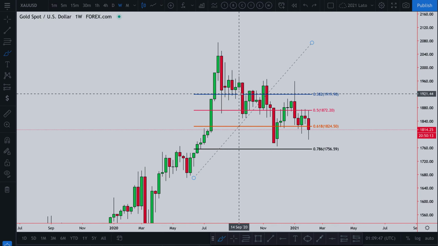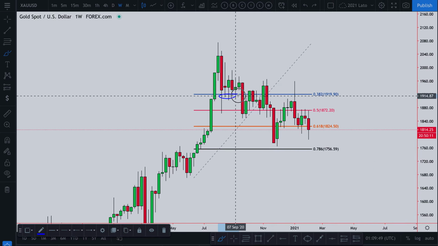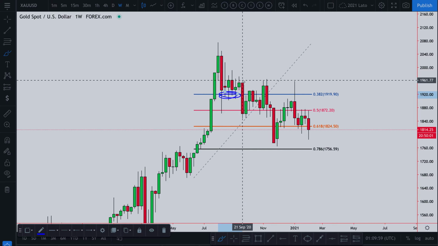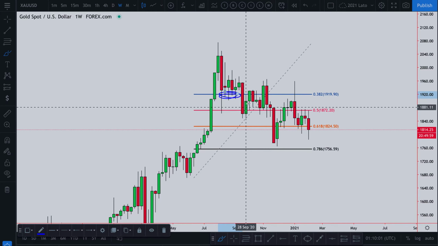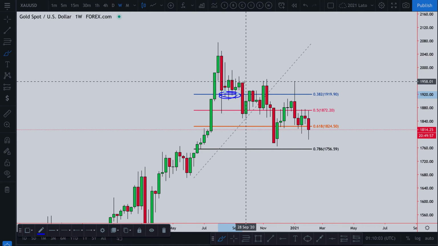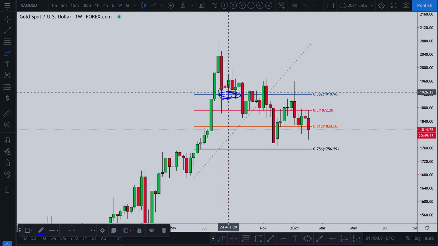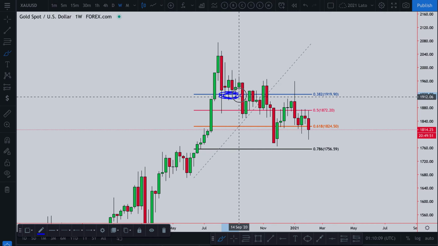Here you can see the 0.382 Fibonacci level was tested for a couple of weeks. Then the red candle here was the hard sell-off. That candle managed to break the strong support zone.